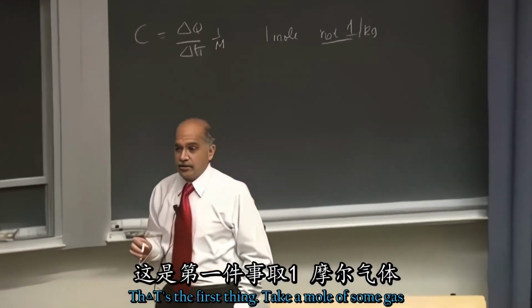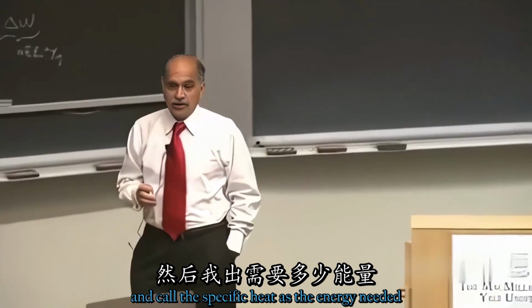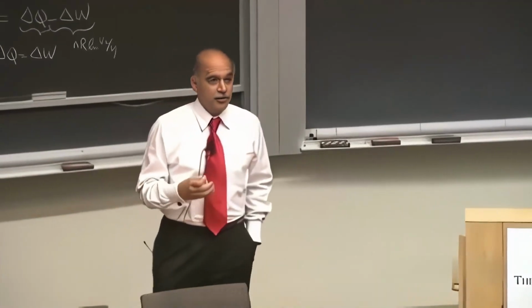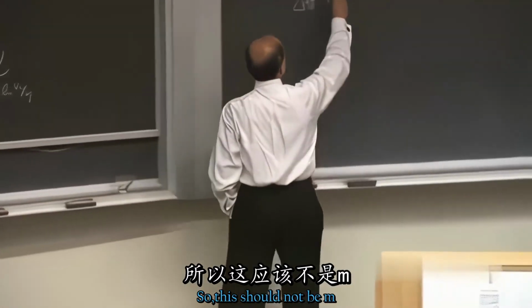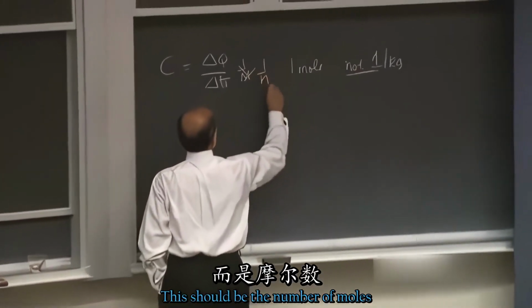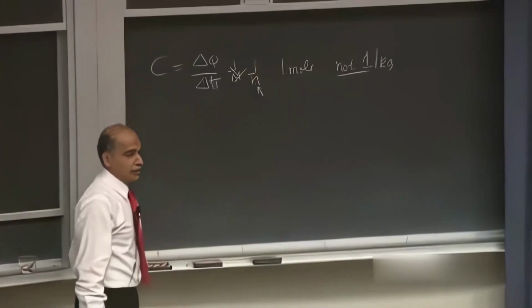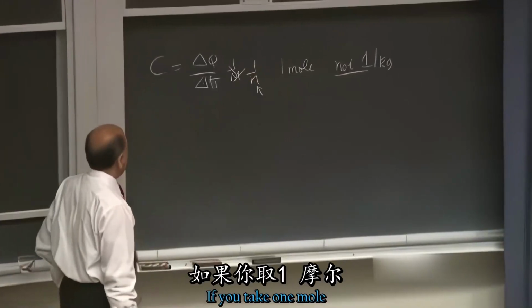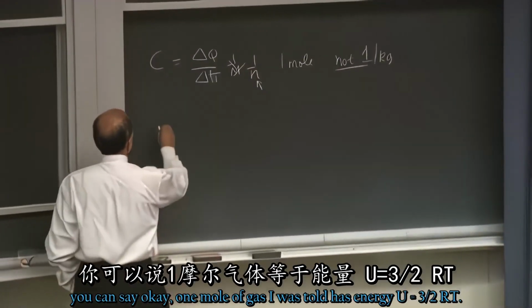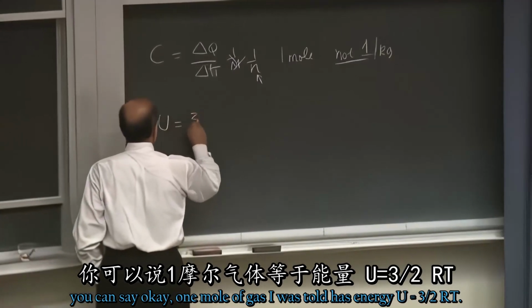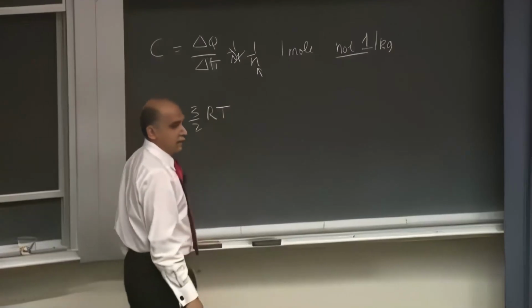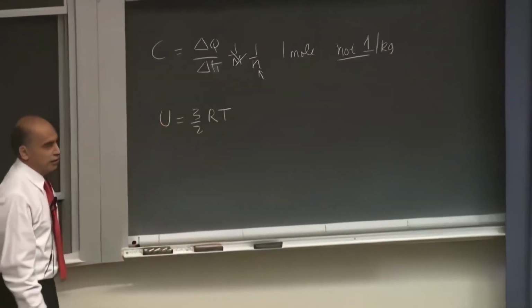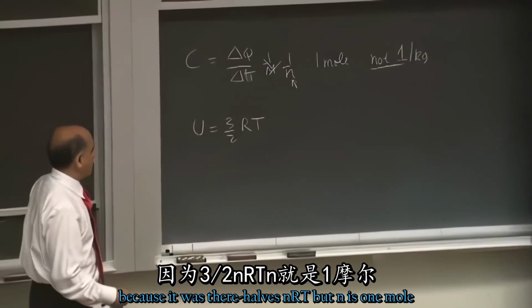Take a mole of some gas and call the specific heat as the energy needed to raise the temperature of 1 mole by 1 degree. So this should not be M. This should be the number of moles. So if you take 1 mole, you can say, okay, 1 mole of gas, I was told, has energy U equals 3/2 RT. Because it was 3/2 nRT, but n is 1 mole.